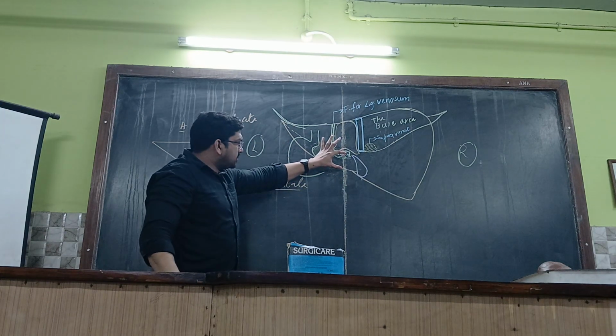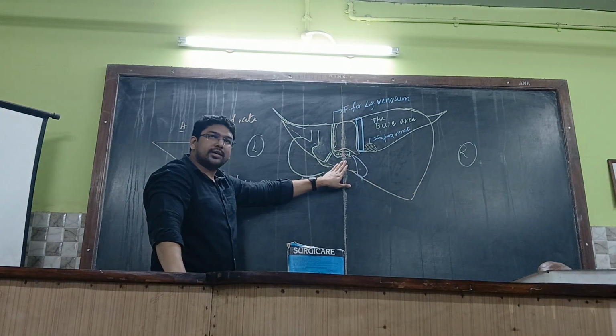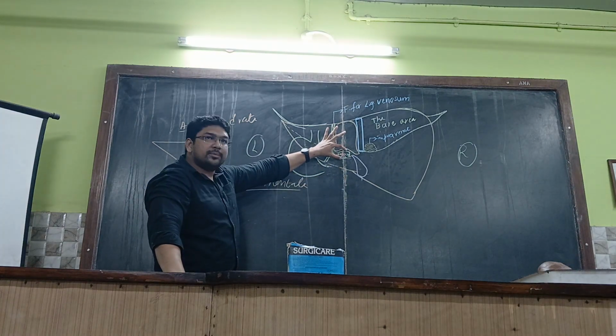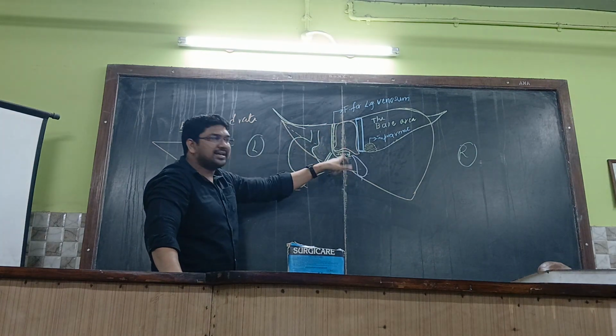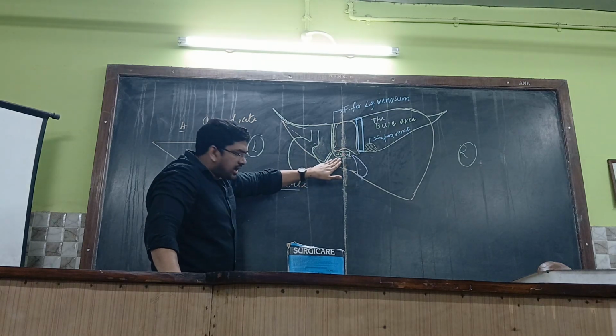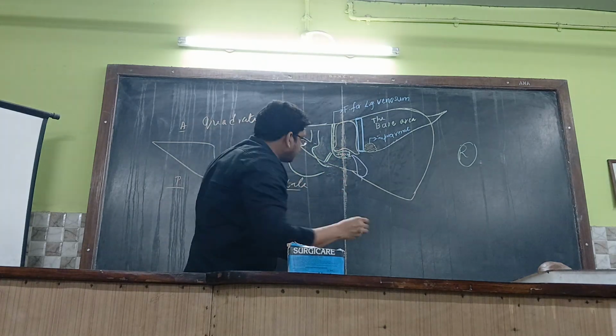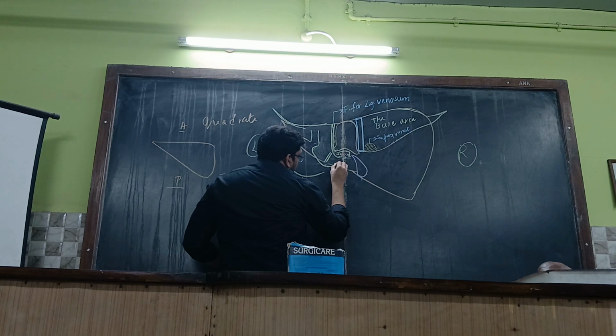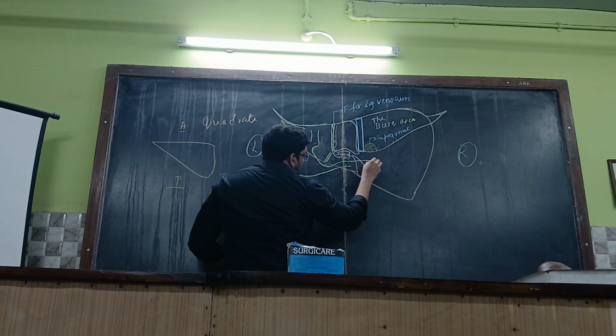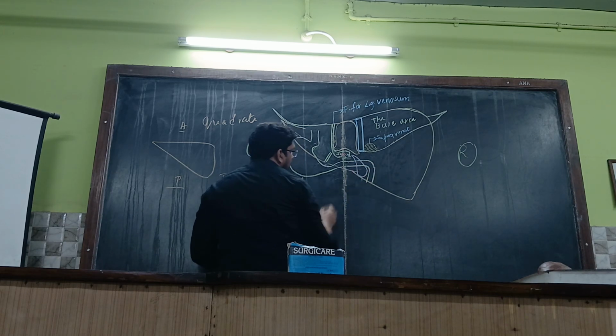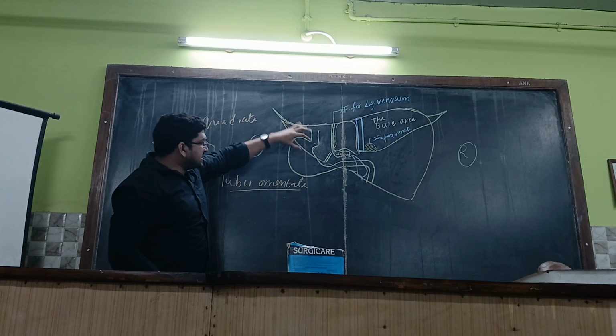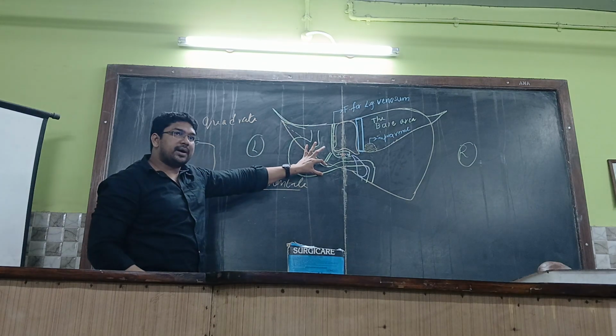Now we are seeing the impressions over the caudate lobe over here. So the upper third will be occupied by the free margin of the lesser omentum over here. The middle half will be occupied by... see here, this is the fundus, this is the body, and this is the pyloric part of the stomach.